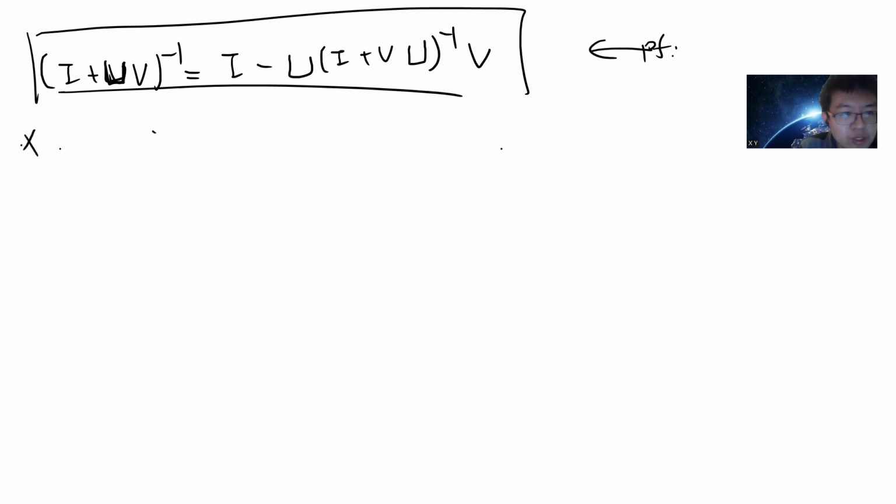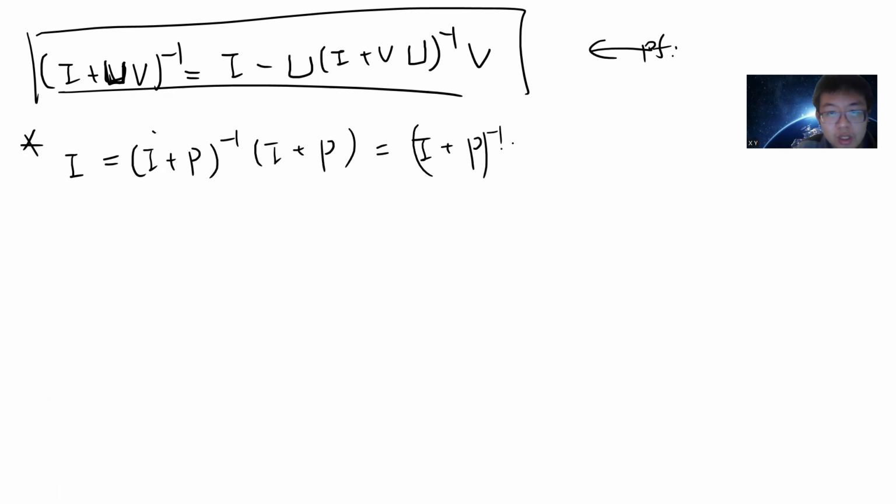So the proof idea is just using the simple identity: I equals (I + P) inverse times (I + P). So basically this is (I + P) inverse plus (I + P) inverse P. Just expansion.